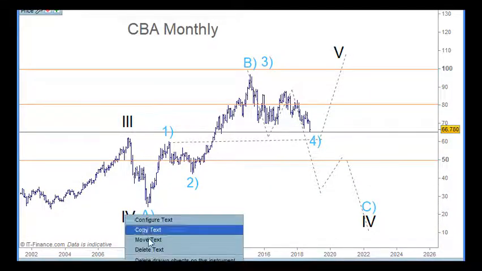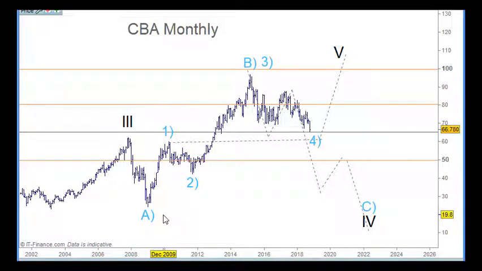If I remove this wave 4 and even remove these as 1, 2, 3 up, because wave 4 overlaps wave 1 here, as it has in the other markets, then we would need to leave this up here as wave A, wave B here, and then 5 waves down, 1, 2, 3, 4 and 5, coming back down for wave C here.